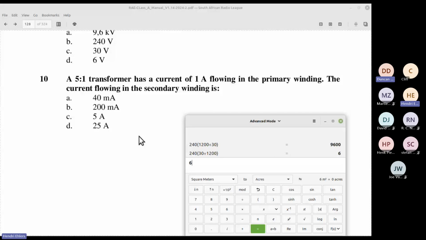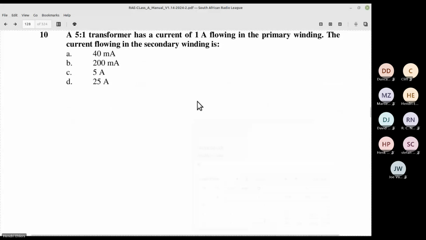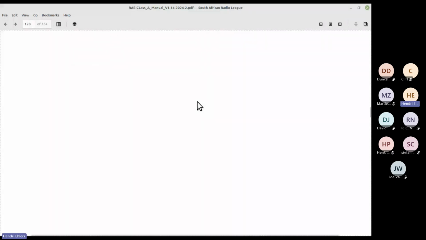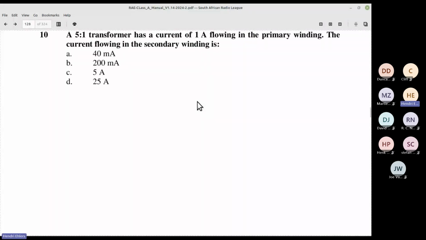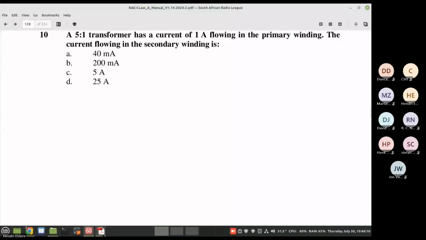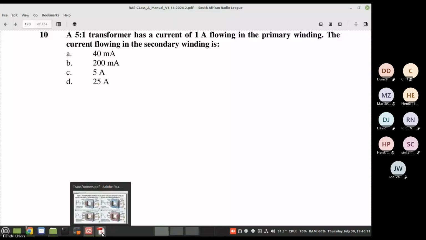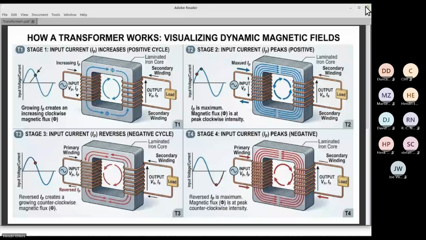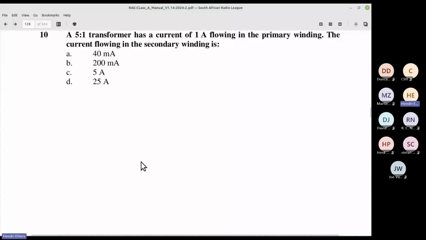Yeah, 5 amps. That is correct. And that brings us to the end of transformers. Any questions? Any disagreements?